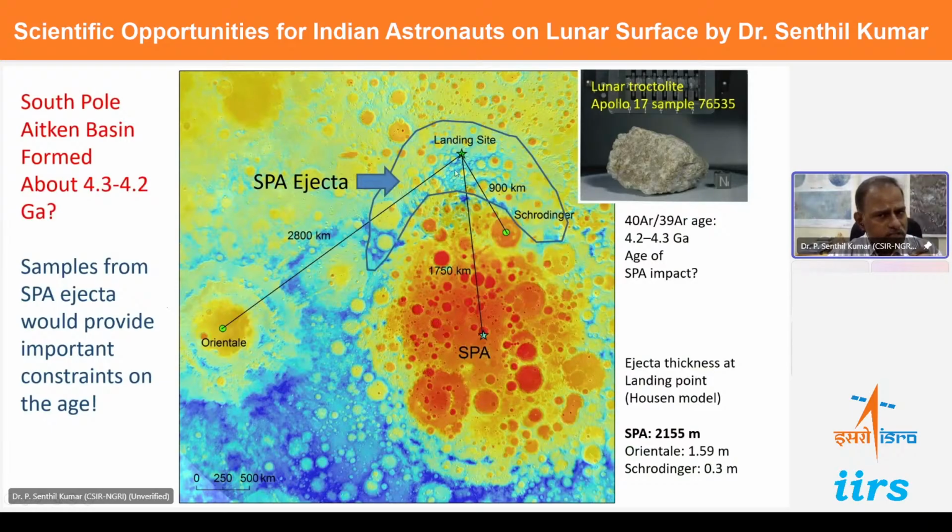Therefore, if we land in the SPA ejecta and bring the samples back to Earth, we can understand this South Pole Aitken Basin impact process much better. We can also date this event, and we can also get the materials which are coming from crust and mantle depths. So that's also very important for understanding magma oceans.